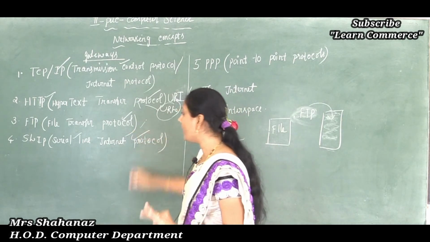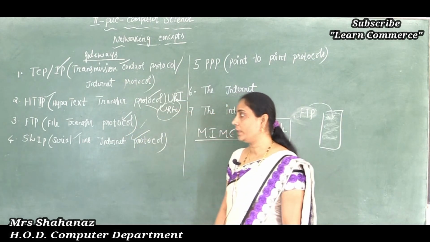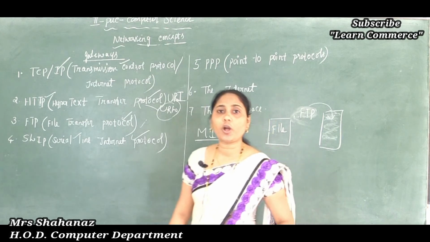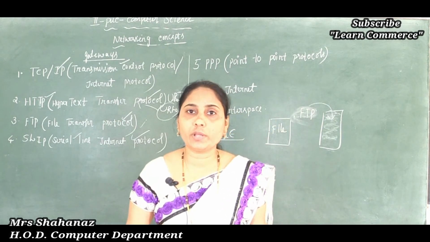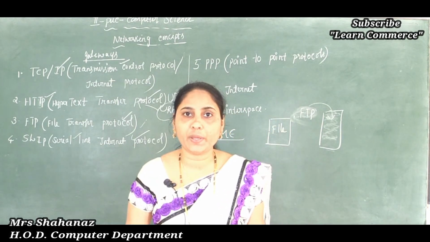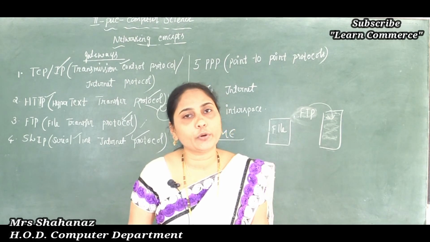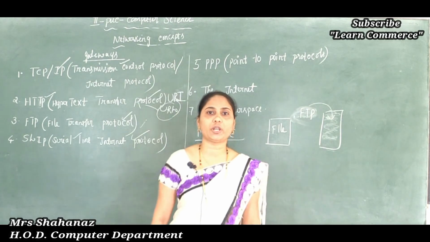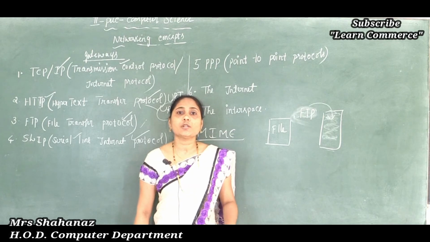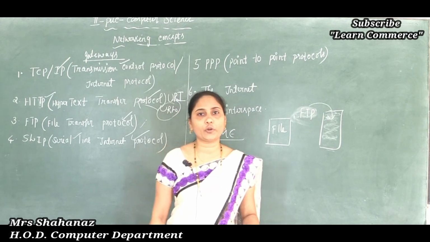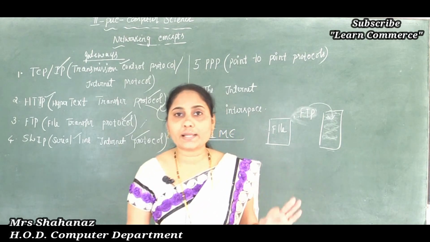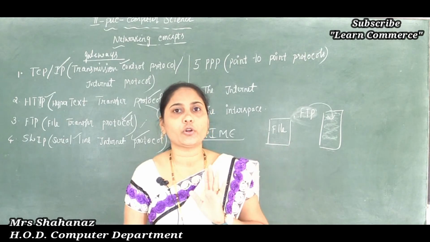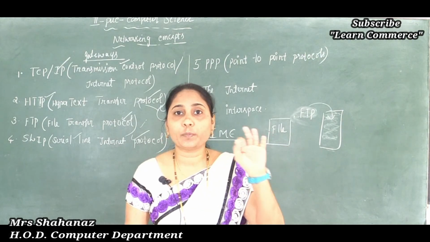Now we are at our fourth protocol, SLIP. We know that the full form of the SLIP is Serial Line Internet Protocol. Now let's see some information about our SLIP. Serial Line Internet Protocol was the first protocol here.